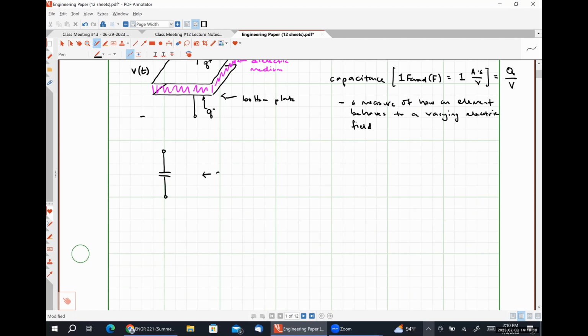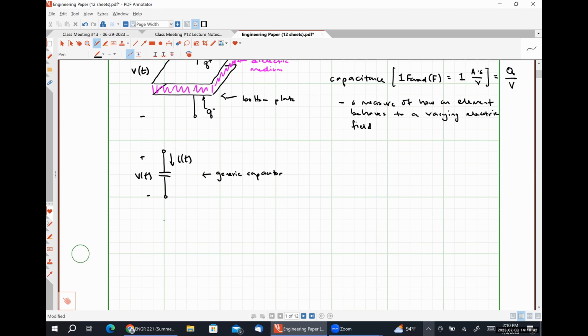This is a general or generic capacitor. I'm going to choose the positive polarity terminal to be on top and the current flowing into the positive polarity terminal, like so. The symbol is simply 2 parallel plates, okay?